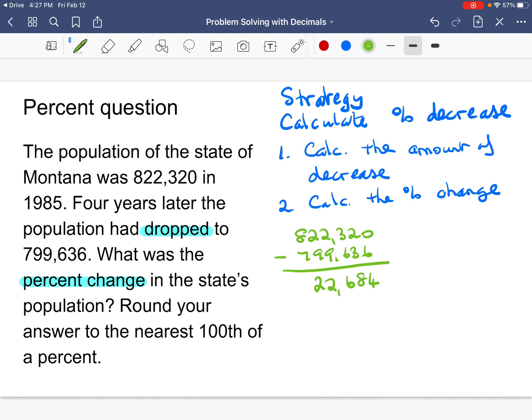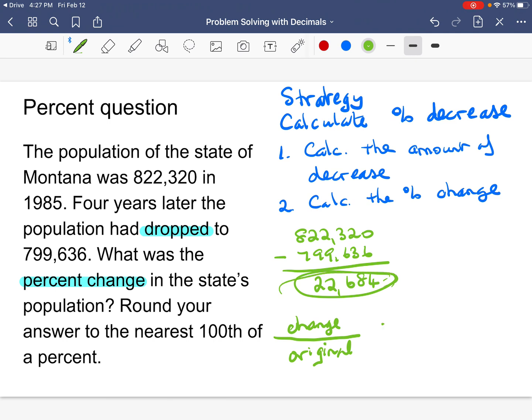So when I'm calculating my percent change, then I've got change divided by the original amount, and the change is negative, even though it doesn't look like this here, but think about it, it's a percent decrease. The numbers went down. I got the absolute value of the difference here.